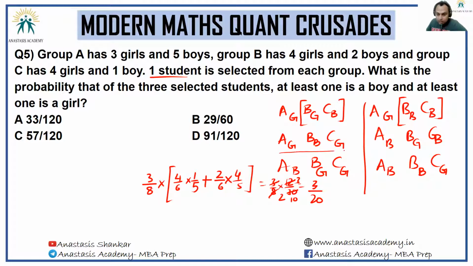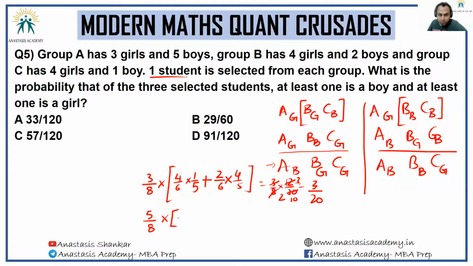Next is this storyline. Here, I can't find anyone common, so I'm not really bothering. I'm going to the third storyline straight away. A boy, A boy. So 5 by 8 into girl from both.